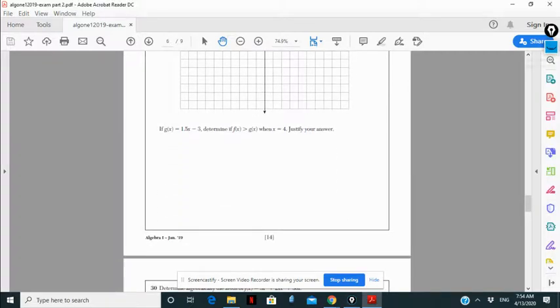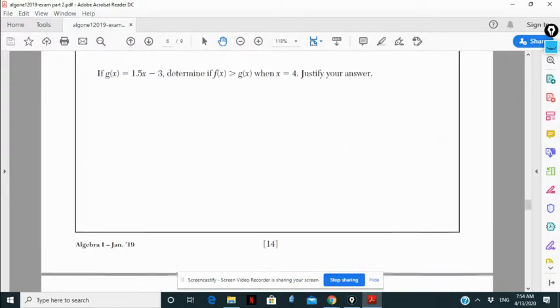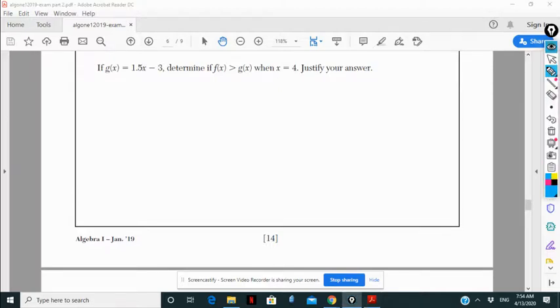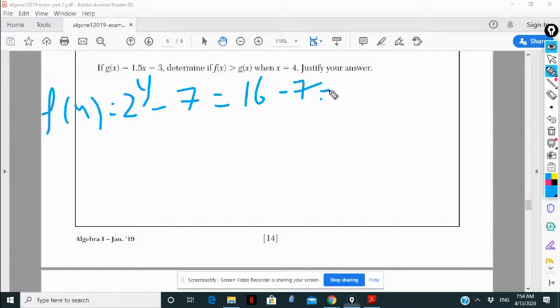The second part: determine when x is 4 if f(x) is more than g(x). So 2 to the power 4 minus 7, that's f of 4. 2 to the power 4 is 16 minus 7, it's 9.